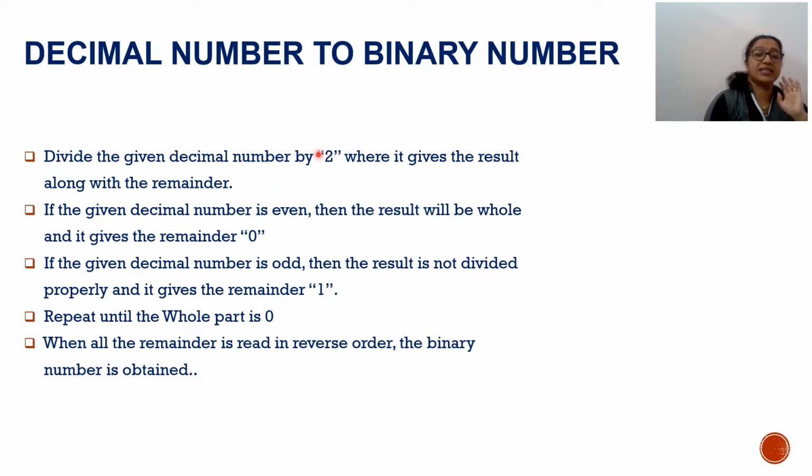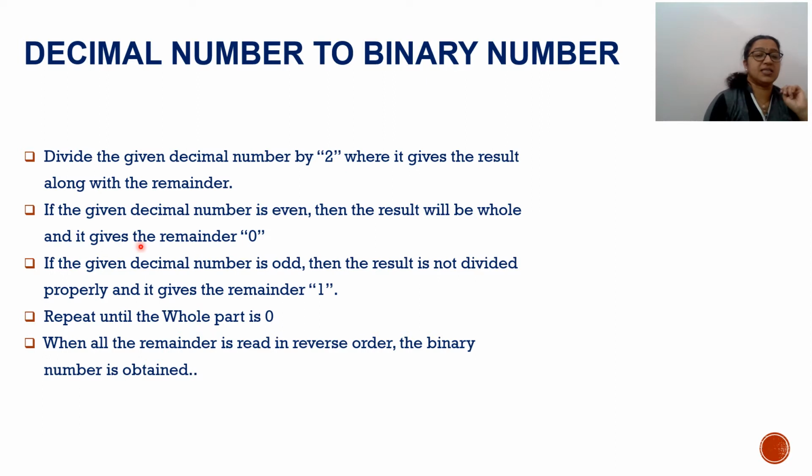Why are we dividing this decimal number by 2? Because the base of the binary number is 2, since 0 and 1 are the two digits in binary. So if we want to convert a decimal number to binary, we divide it by 2. When dividing, we get a result, that is the quotient, and the remainder.